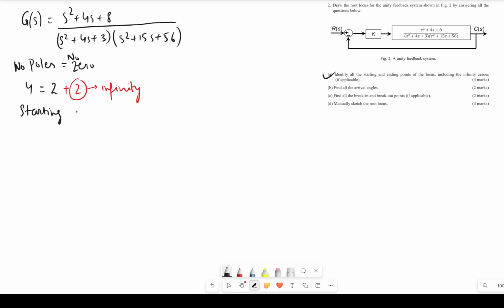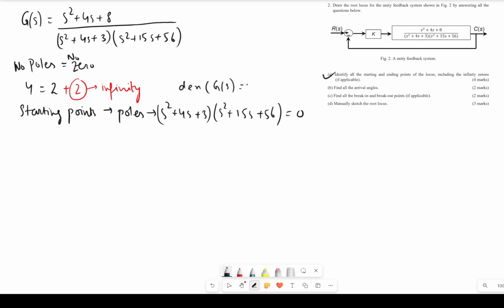Starting points of the root locus are basically the poles, which means we take the denominator and set it equal to 0, because from the denominator of G(s) we get the poles. From this equation we can get the 4 roots.